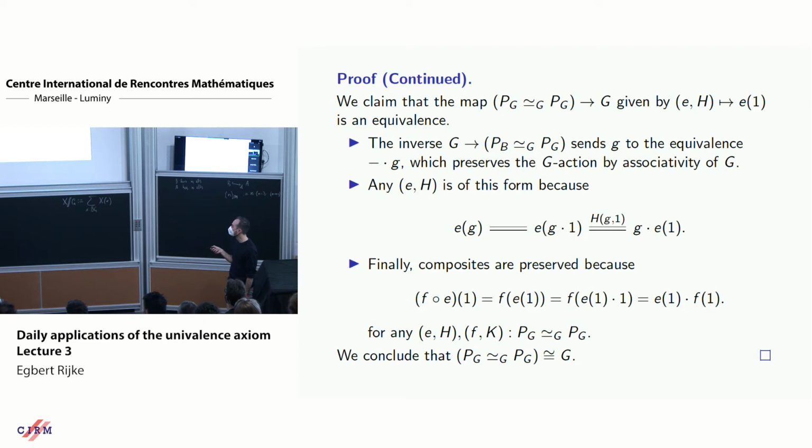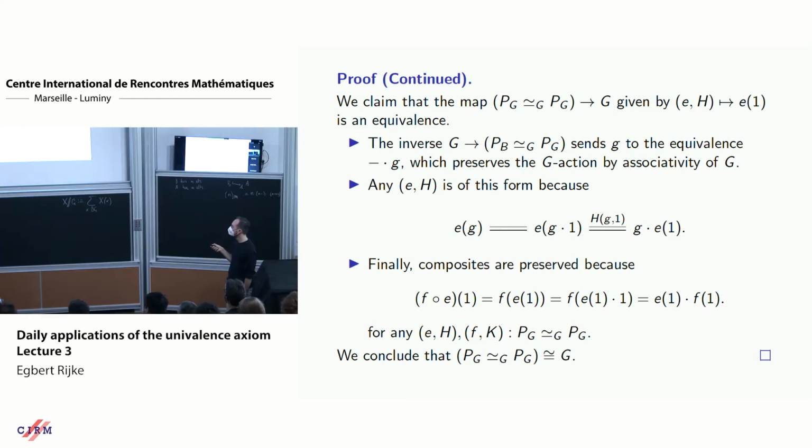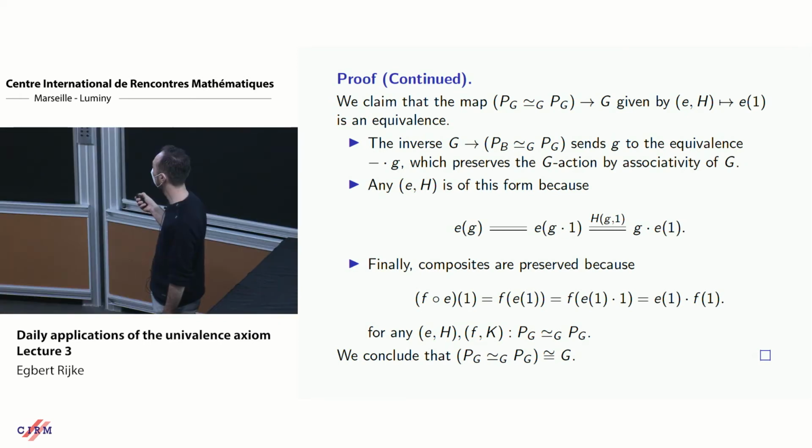And finally, the composites are preserved, because if we look at F(E1), then we get, of course, F(E1). But again, we use the same trick. We put another 1 here, and then by the law of F, that F should preserve the action, we can take the E1 out and let F1 act on the right.